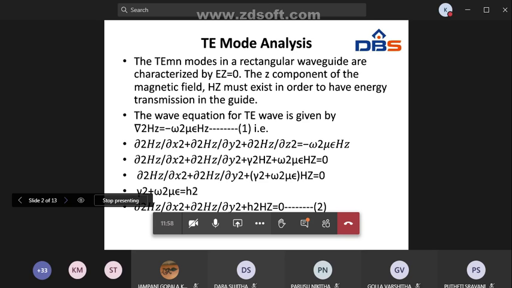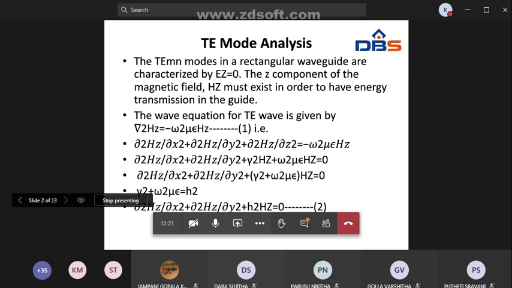If M equal to 0 and N equal to 0, if you substitute these in the Ex, Ey, Hx and Hy equations, all four equations will be 0, right?